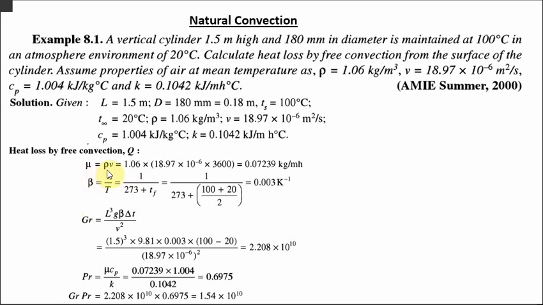While calculating beta, you have to take care that T should be in Kelvin, and that the temperature corresponds to the fluid film temperature. So what is film temperature? It's the average of surface temperature and fluid temperature. So here the film temperature is 100 plus 20 divided by 2. So this is the value of beta.